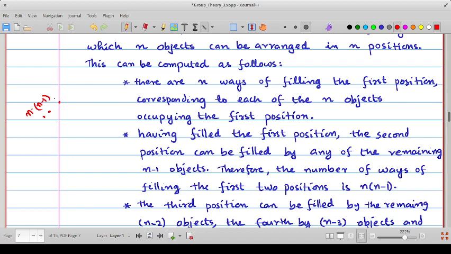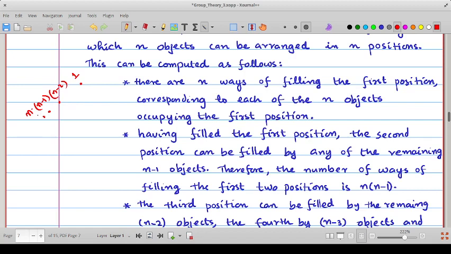And for the third position, we only have n minus 2 objects left, because we have already taken 2 objects from the total of n and placed them in the first and second positions. So for the third position, we have n minus 2 possibilities, and so on. And for the nth position, finally, there will be one object left. So the choice for any position is independent of the choice for any other.